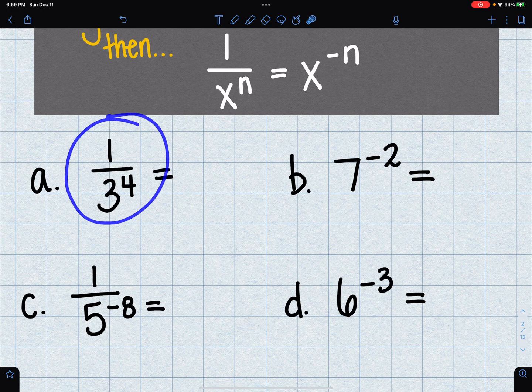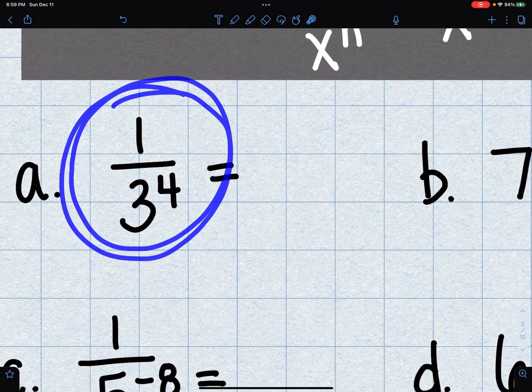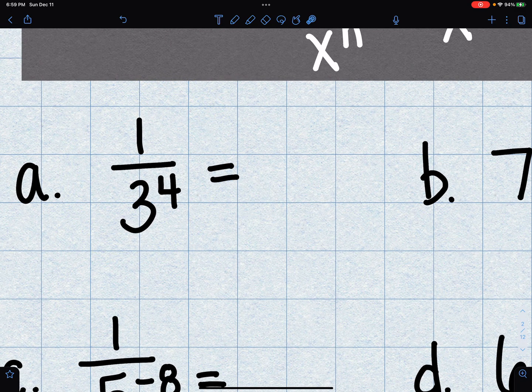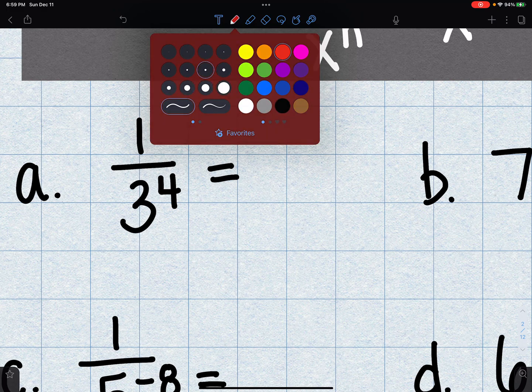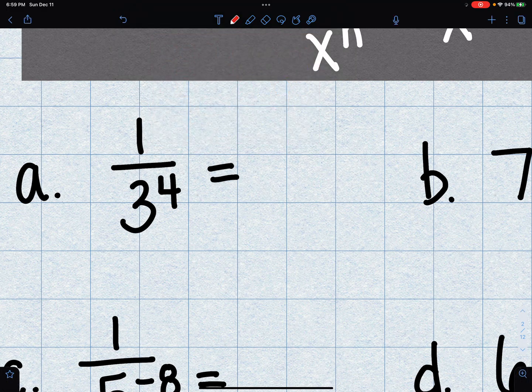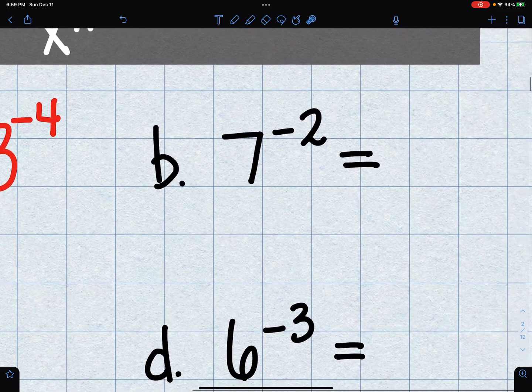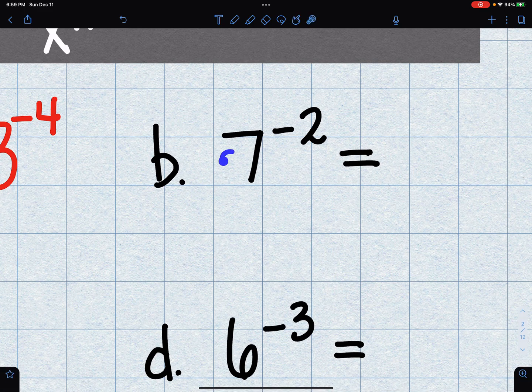What if we're doing 1 over 3 raised to the 4th power? We could write that in a different way. Let's move this base from the bottom to the top, and let's just put 3 raised to the negative 4 because we're changing the sign of the exponent. Okay, let's do B. 7 raised to the negative 2 power. If this were a fraction, it would be 7 over 1.